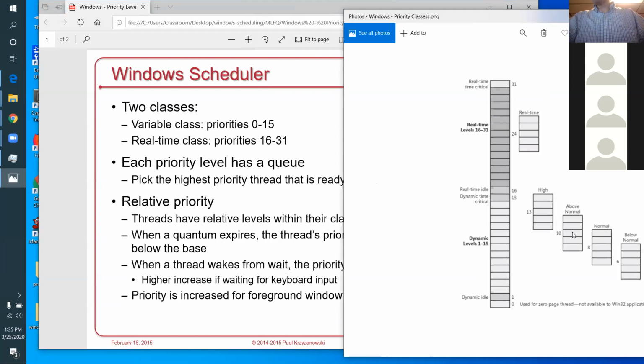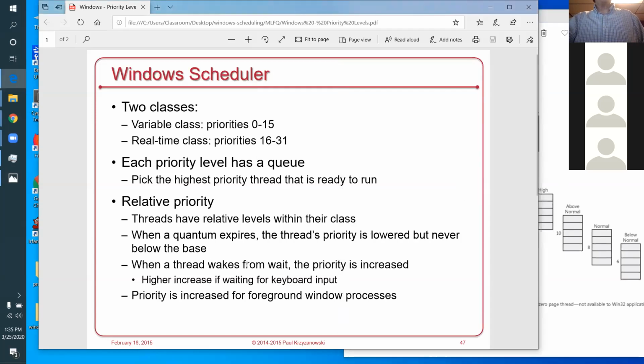I believe you go up to the top, but it might be you only go up one step. I actually don't know for sure in the Windows operating system that if you don't use up your time quantum, you move up. I think you go up to the top, but here he just says if you come out of a wait, then the priority is increased. And here he says higher increase if waiting for keyboard.